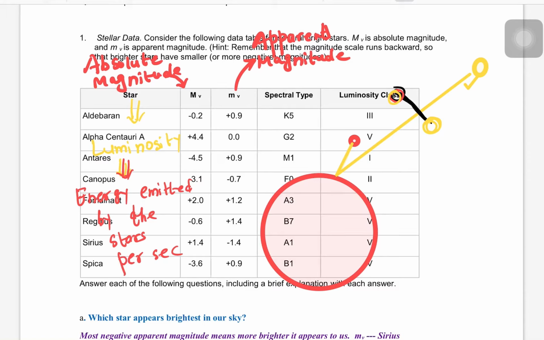So this is the meaning of absolute magnitude and apparent magnitude. The most negative means brighter, the more positive means less bright. Okay, let me write down here. More negative, more brighter.